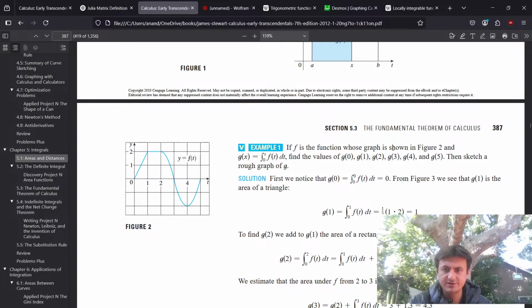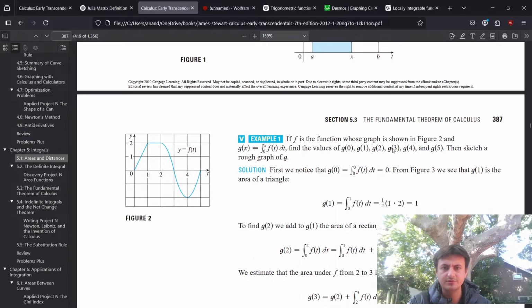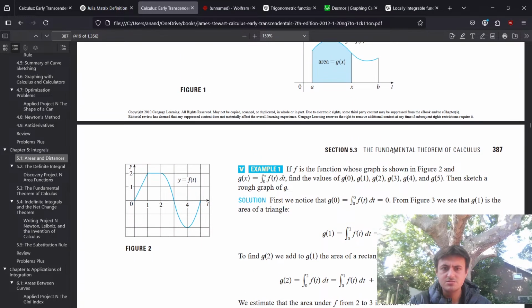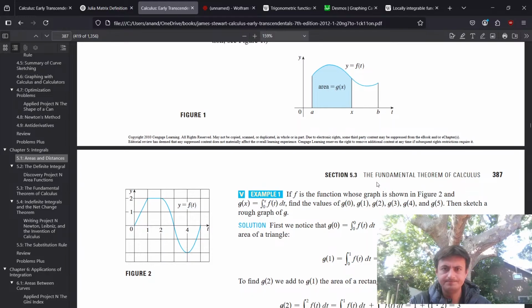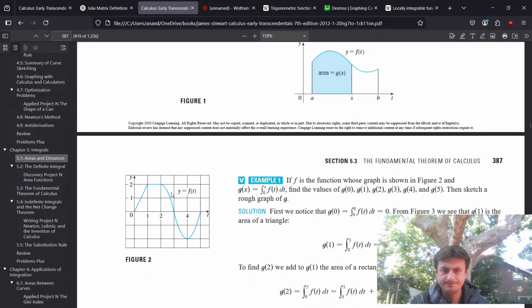If f is the function whose graph is shown in figure 2, oh. These ones are easy. G of 3 becomes hard because I don't know what that function is. How would you know that?